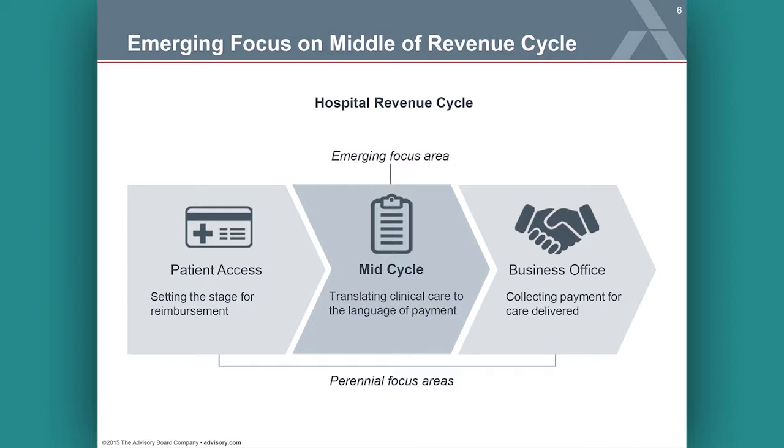And as John was alluding to, as reimbursement schemas are changing across the country, a huge piece of that is value-based reimbursement, where they're being held financially accountable to all sorts of quality metrics. So if we're defining the mid-cycle as all of those areas that impact the coding and documentation on an actual piece of care, including, unfortunately, all of those post-payment pieces where auditors might come back in and analyze, was this payment made correctly? There's no real surprise why the mid-cycle is such a hot area of focus.